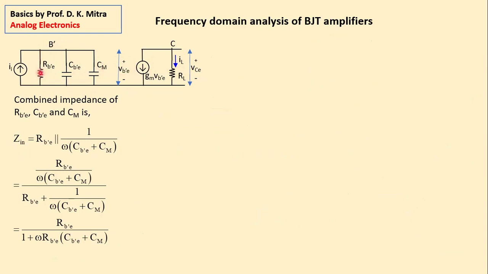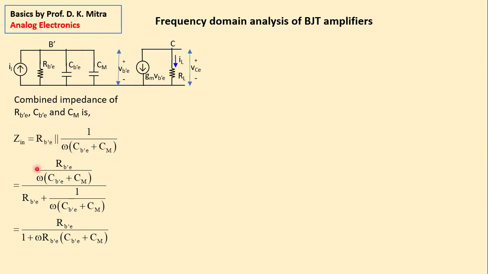If you find the combined impedance of all this, I can find V_B. The combined impedance is R_B'E in parallel with these two capacitances in parallel. Two capacitances in parallel have an equivalent capacitance equal to the sum of them, so C_B'E plus C_M, and 1 upon omega times that is the impedance of this part, which is in parallel with R_B'E.